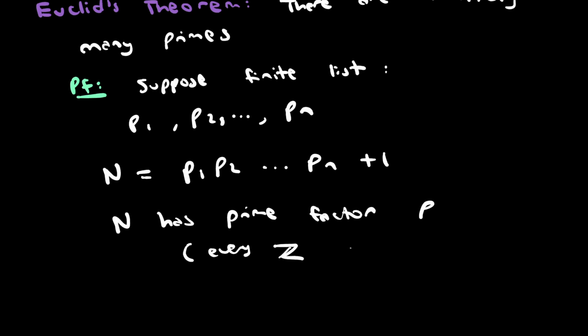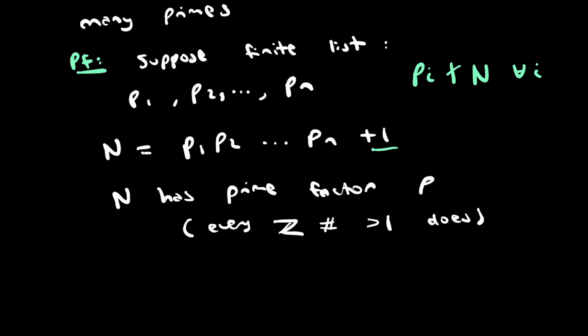So just notice here that p sub i does not divide n for every i. That means p is different from all of them.